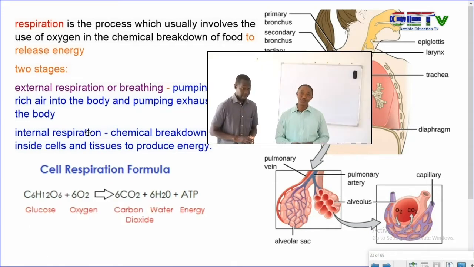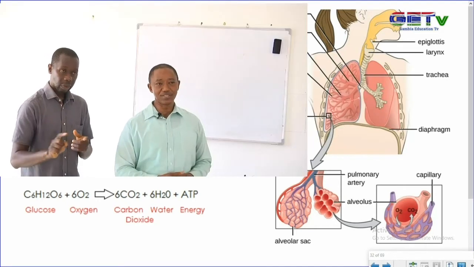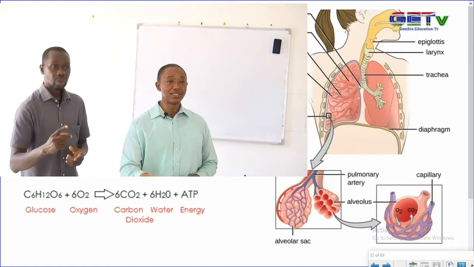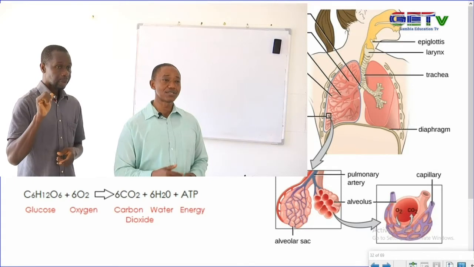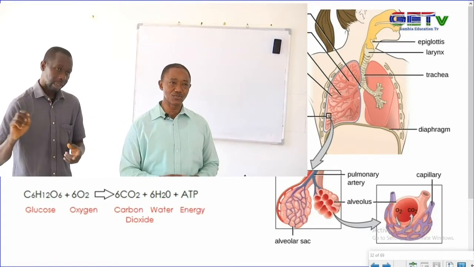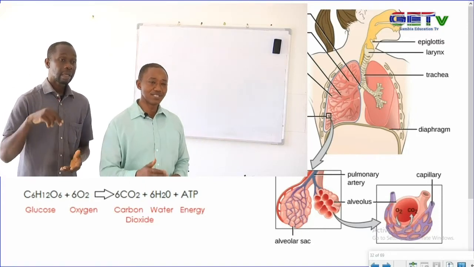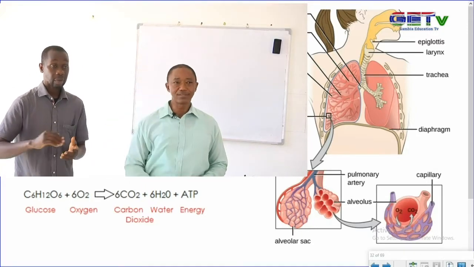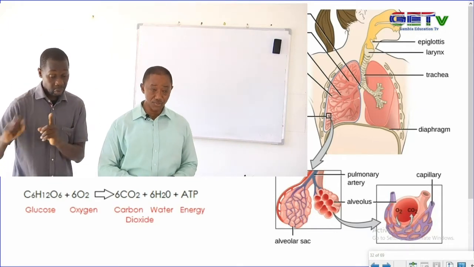Now, in some instances, you might be required to know the chemical formula, which is, you can see the formula for glucose there, C6H12O6 plus oxygen, 6 molecules of oxygen, that is 6O2, yielding or producing 6 carbon dioxide, 6 CO2, plus 6 water molecules, 6 H2O, plus ATP. ATP stands for adenosine triphosphate. When you do higher science or biology, you'll be meeting that word. That's the energy that is produced.